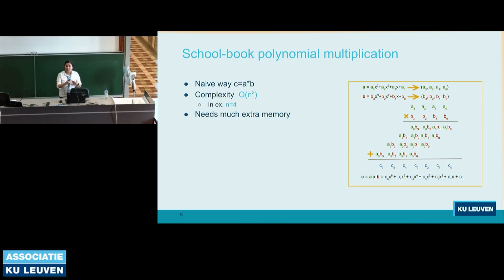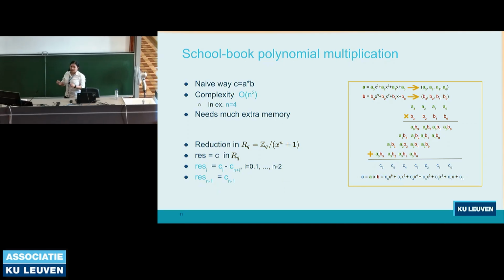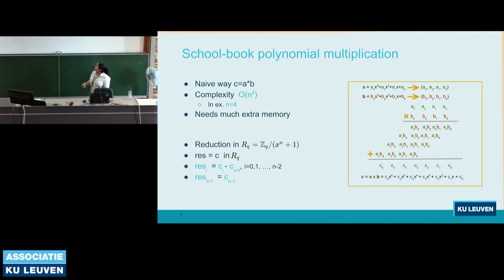And when we go back to that domain, the ring, we have to do something called reduction. As in most of the PQC schemes, this ring is used, which is like Z_q that I told earlier. And that is reduced with this irreducible polynomial, which is x to the power n plus 1, where n is the polynomial size.